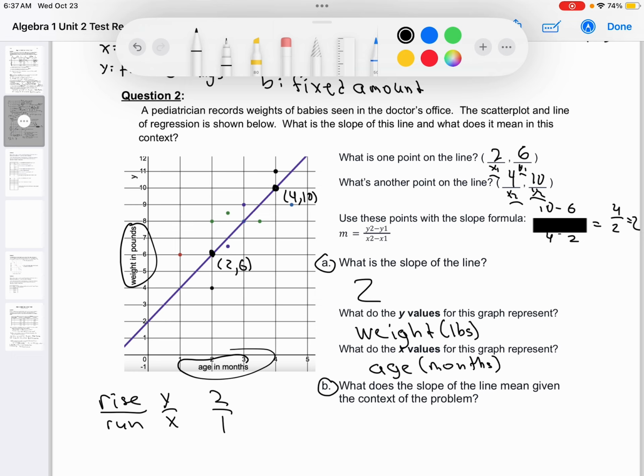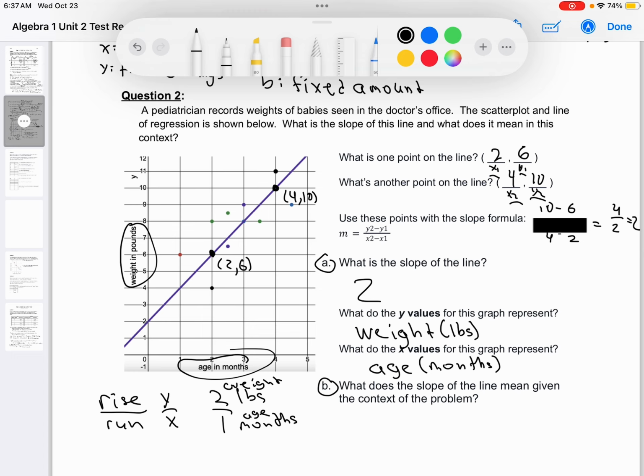So when I find my slope is 2 over 1, my y values are on top and my x values are on the bottom, then 2 is going to represent the pounds and 1 is going to represent the months. 2 is going to be the weight in pounds, and 1 is going to be the age in months.